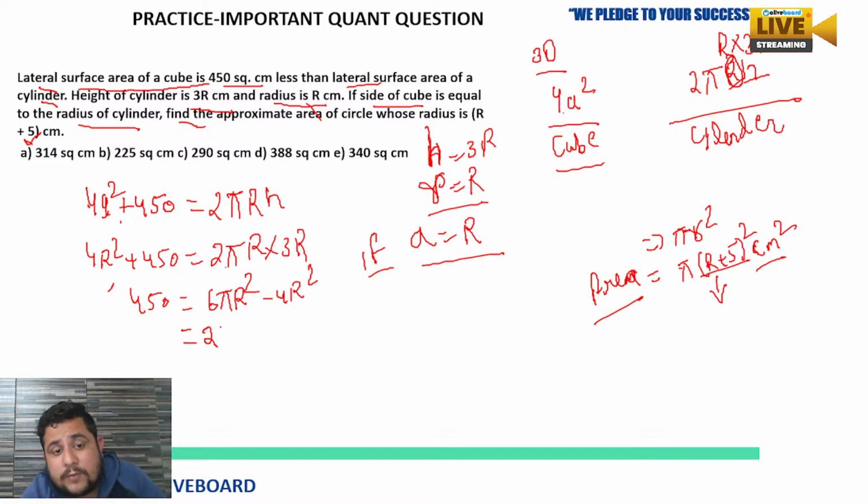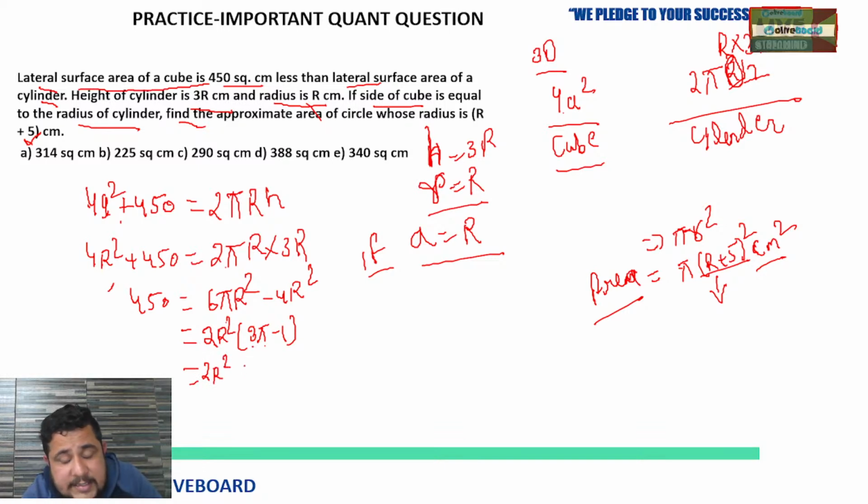Okay. So we take 2 common here, and we get 3 pi r. 2r square we can take common here, so 3 pi minus 2. That will be equal to what? 3 pi minus 2, so 450 equals 2r square times (3 pi minus 2). 3 pi is 66 upon 7, because pi is 22 upon 7.